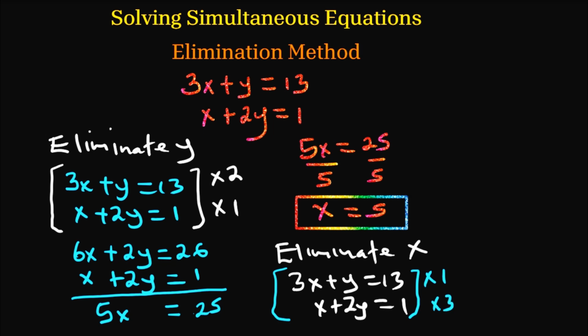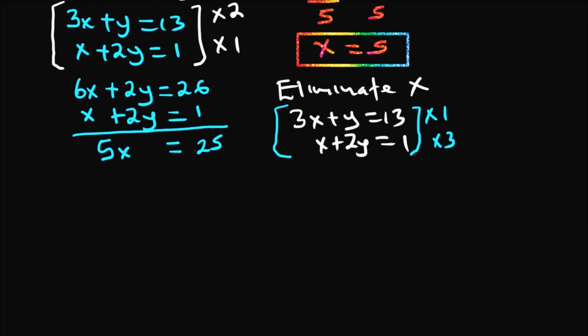So then we can now get new equations. That will be 3x plus y equals 13, and now 3x plus 6y equals 3.